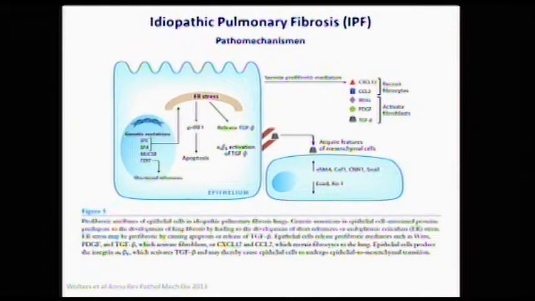On the next slide, this again shows a little bit the overall idea about the pathomechanisms of IPF. What I would like to point out at the beginning is that there are two major cell types that we are looking at. On the one hand, the big alveolar epithelial cells here, and the quite smaller fibroblast, which is good for my purpose because I would like to focus on the alveolar epithelial cells and show you what we believe happens to them and how they contribute to tissue remodeling. So you see alveolar epithelial cells, as highlighted in this very nice review.